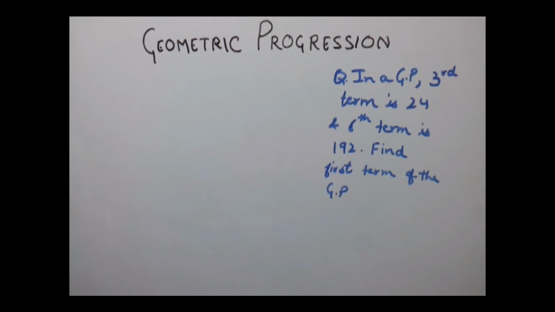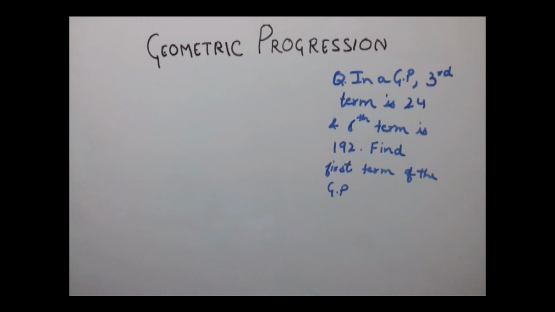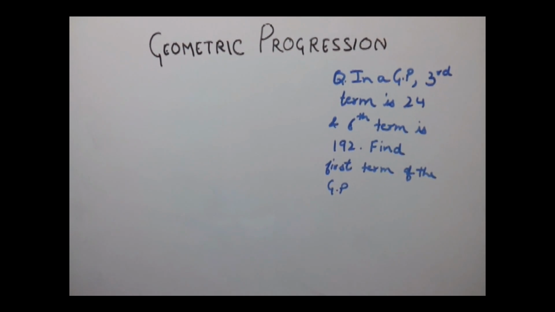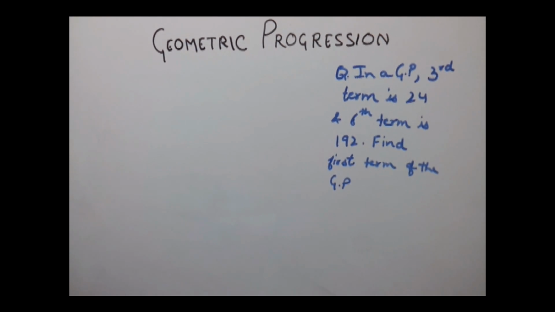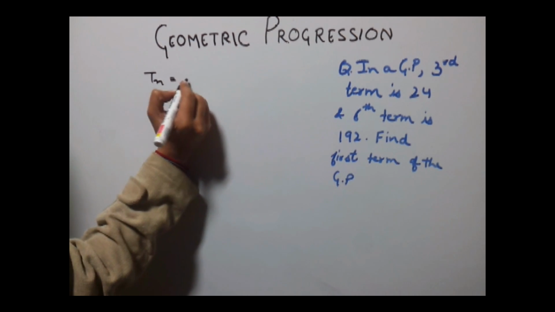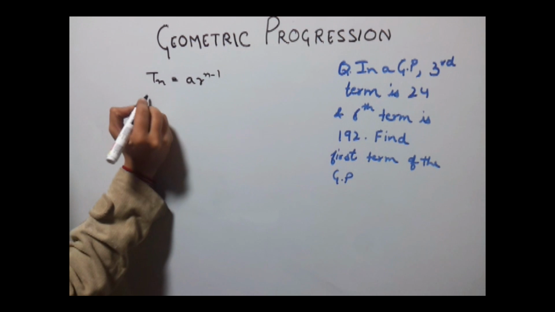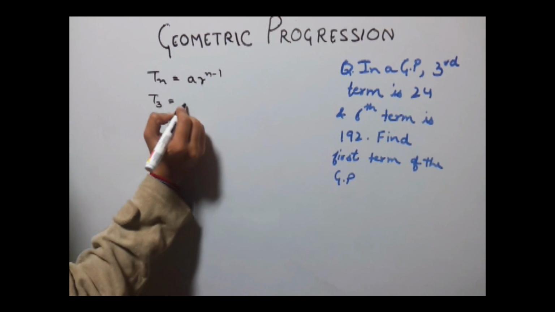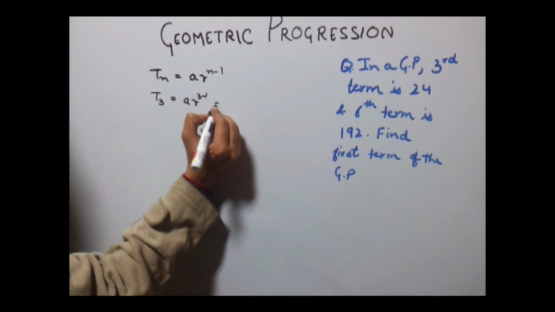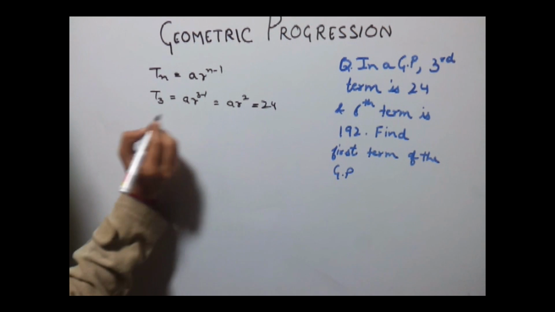The next example is: in a GP, the third term is 24 and the sixth term is 192. Find the first term of the GP. Now, the formula to calculate the nth term in a GP is Tn equal to a into r to the power n minus 1, and we are given T3, which is a into r to the power 3 minus 1, which makes a into r to the power 2, equal to 24.